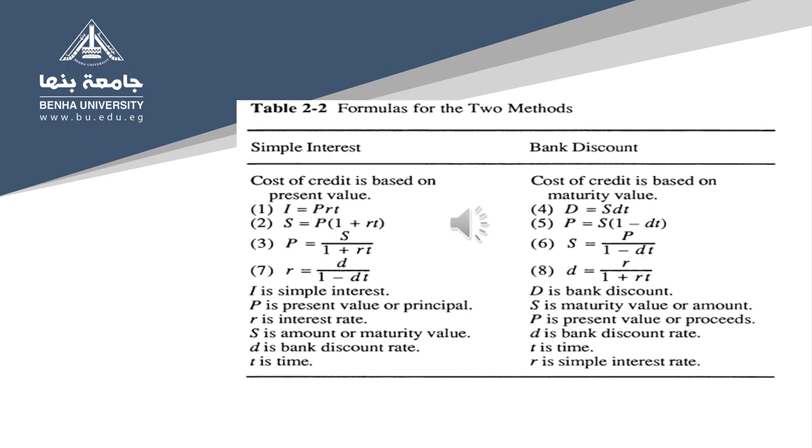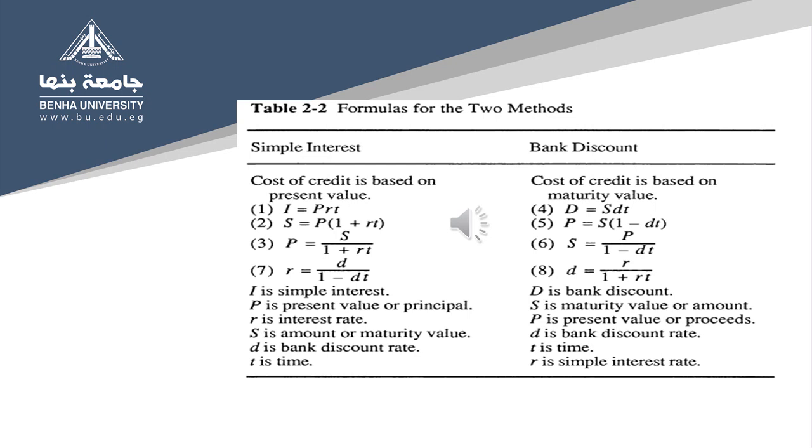First chapter, simple interest. Cost of credit is based on present value. The first mathematical formula in the first chapter is denoted by I, the simple interest, equal BRT. B is the present value, R is the simple interest rate, T is the time or the period of investment.